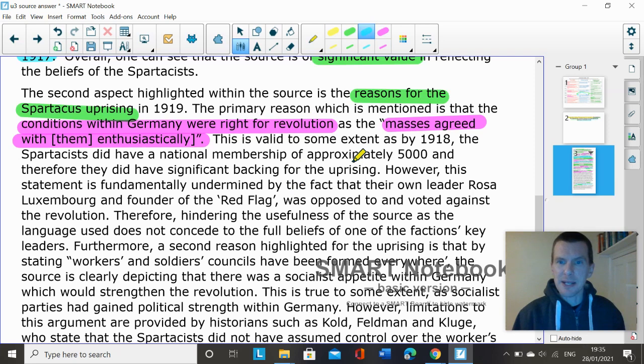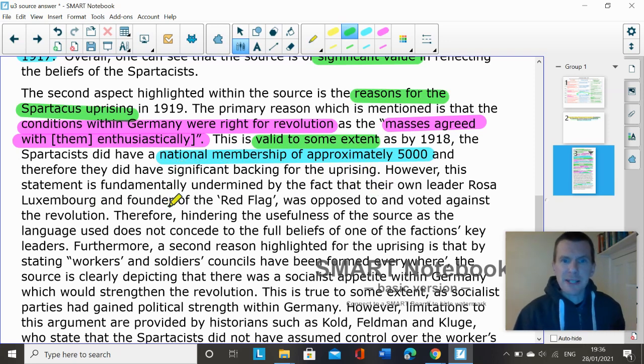This is valid to some extent, as by 1918 the Spartacists did have a national membership of approximately 5,000, and therefore they did have significant backing. So here we've already got some evaluation of the point that they're making, and we've got some evidence that they did have this national backing.